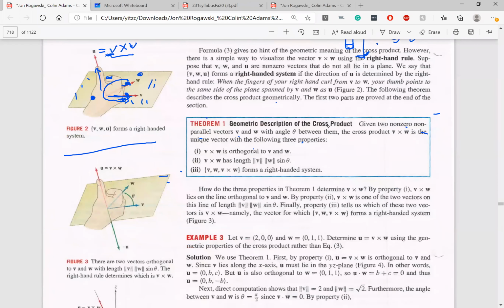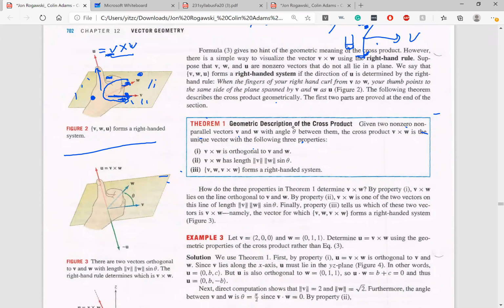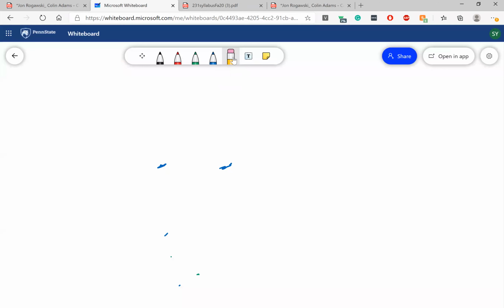Okay, so here are some very important properties of the cross product. The first one is that V cross W is orthogonal to both V and W. The second property is very important.